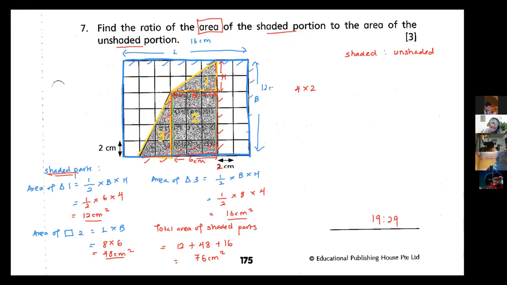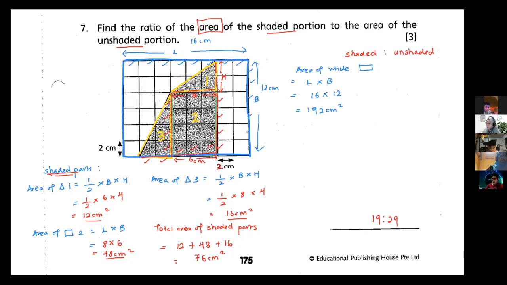This is 12 cm. So the area of the whole rectangle equals length times breadth, 16 times 12, equals 192 cm squared.